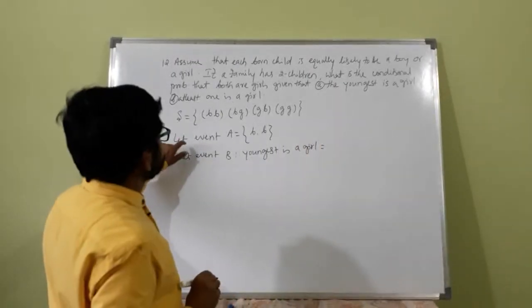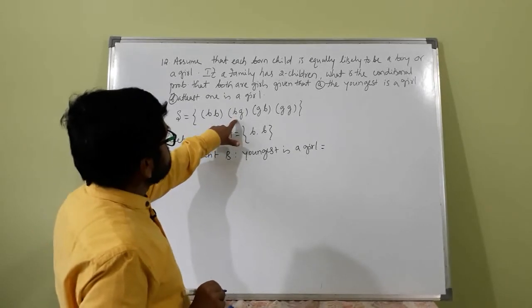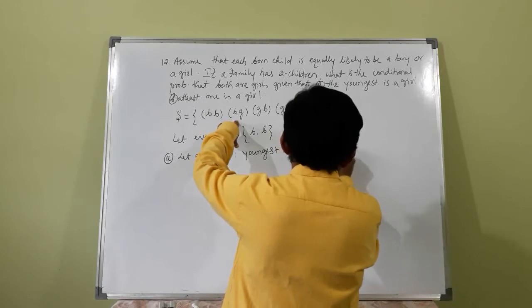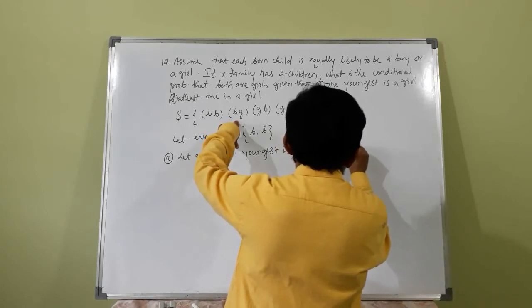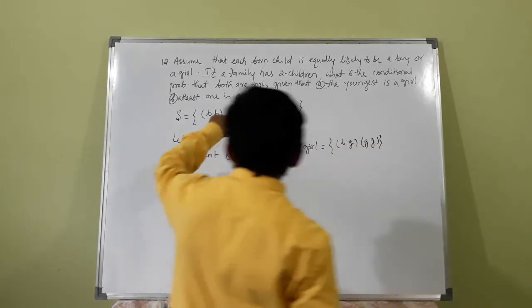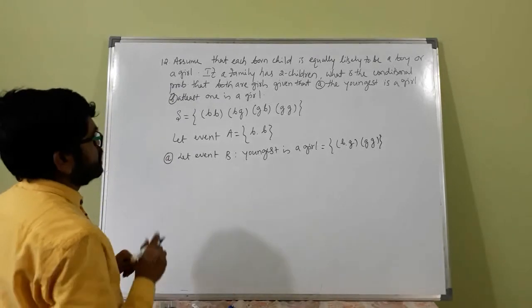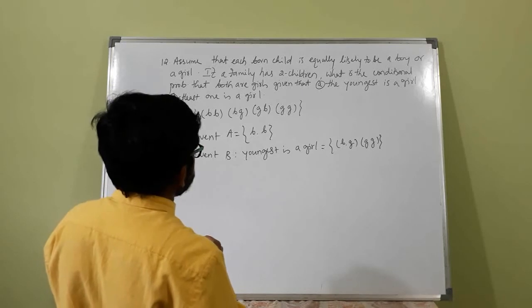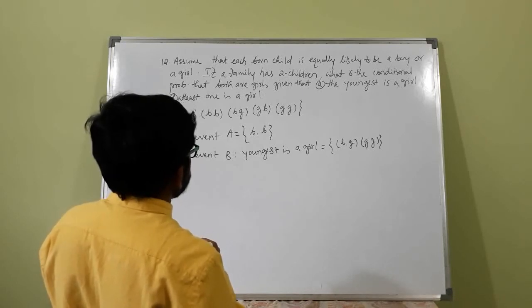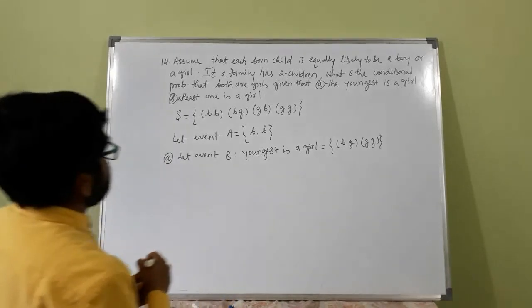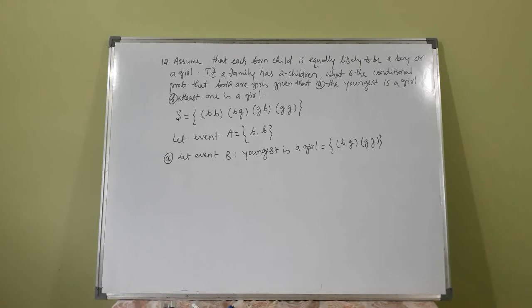Youngest is girl means BG, isn't it? Now, what is the condition for both to be girls?